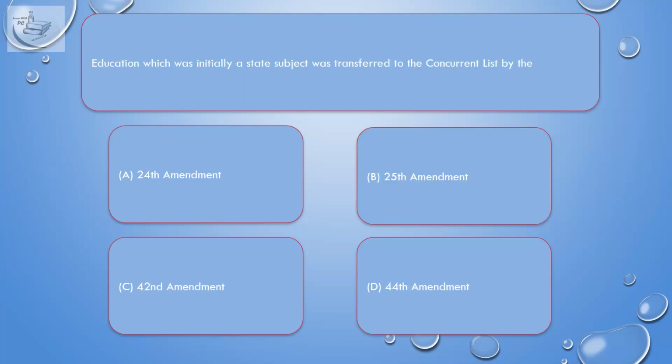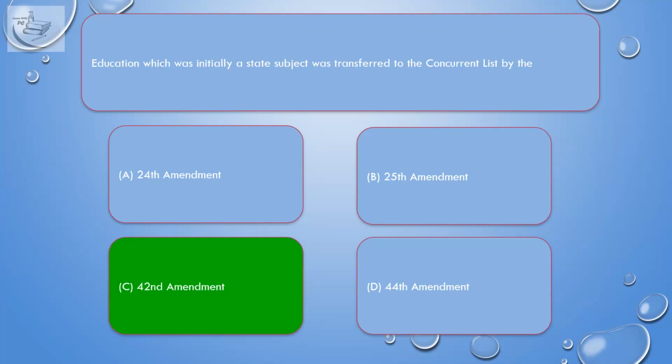Question: education, which was initially a state subject, was transferred to the concurrent list by the A. 24th Amendment. B. 25th Amendment. C. 42nd Amendment. D. 44th Amendment. Correct answer is C. 42nd Amendment.